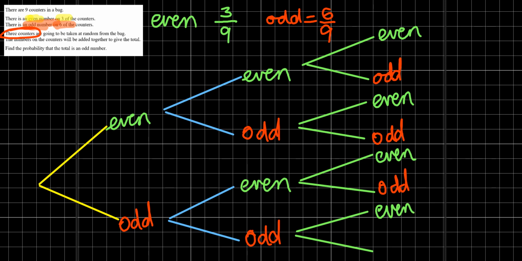Even or odd. Now it's a conditional probability, so it means that our numbers are going to be 1 less every time we pick up the counters.